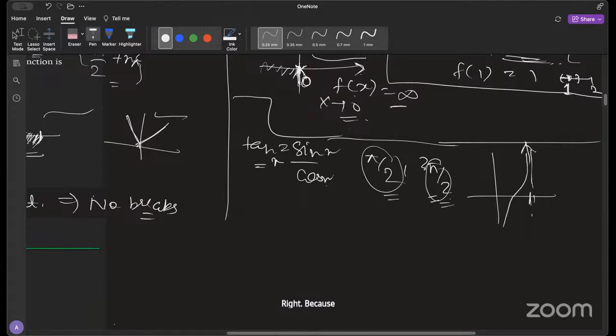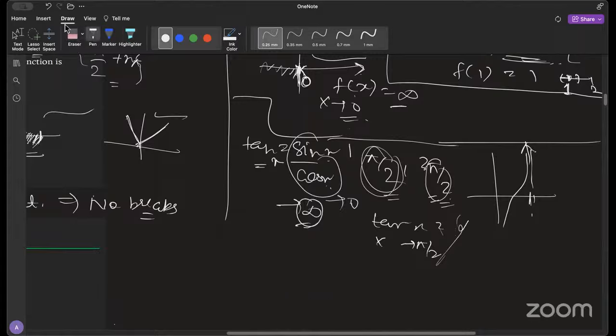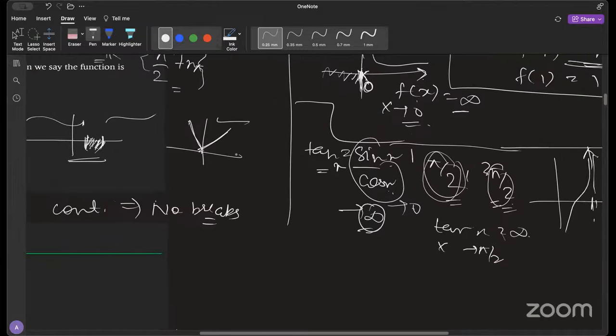Because your cos x at pi by 2 goes to 0, and your sin x goes to 1. So this entire thing goes to infinity, right? So your tan as x tends to pi by 2 goes to infinity. But they've subtracted this.